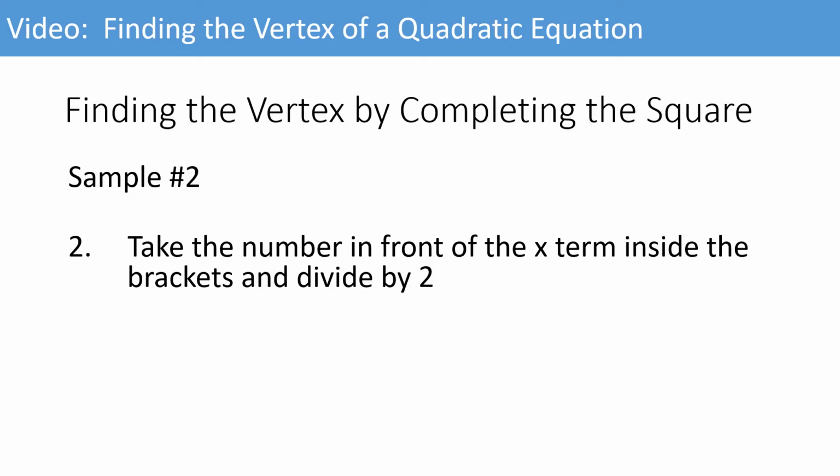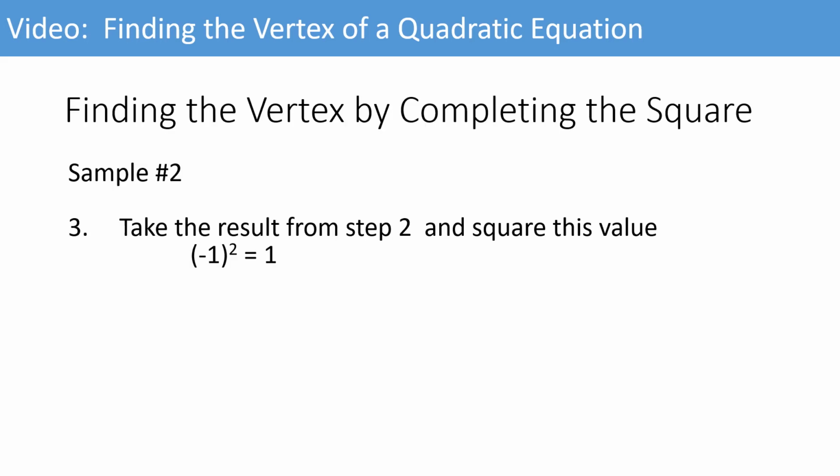Take the number in front of the x term inside the brackets and divide by 2. Negative 2 divided by 2 is equal to negative 1. So this time we're using the negative 2 inside the bracket that we've just found in step 1.